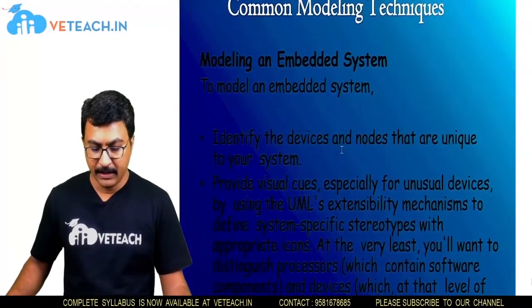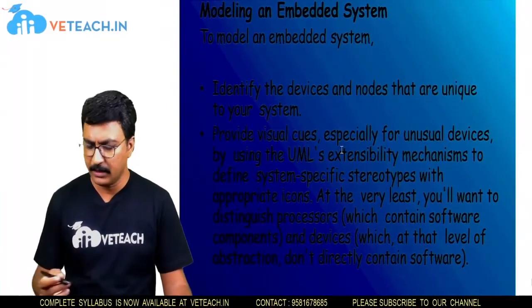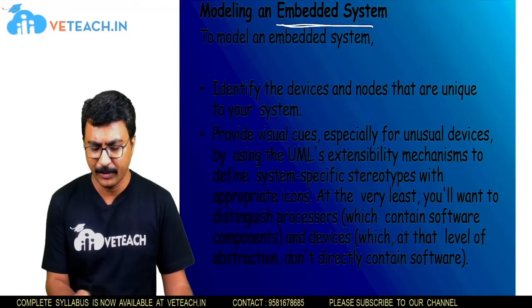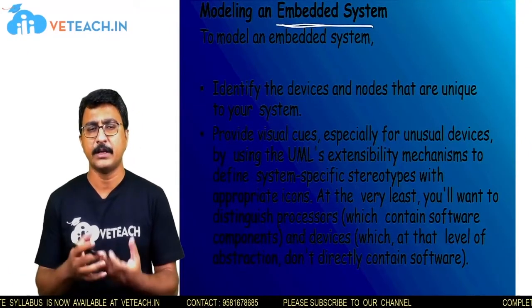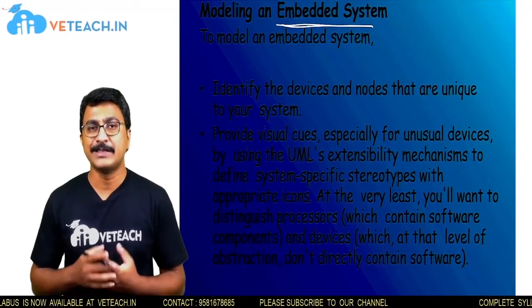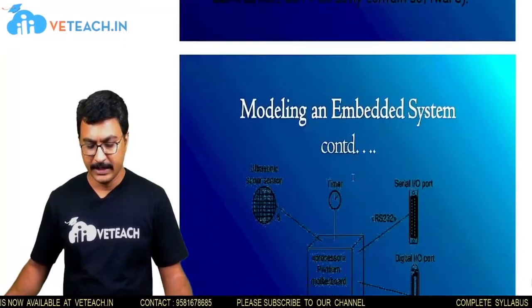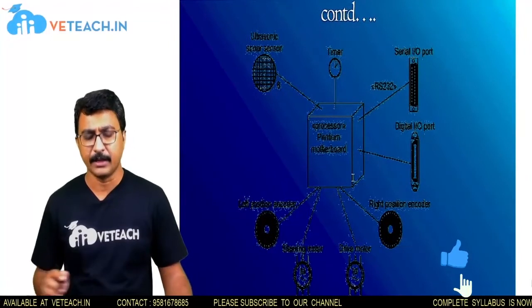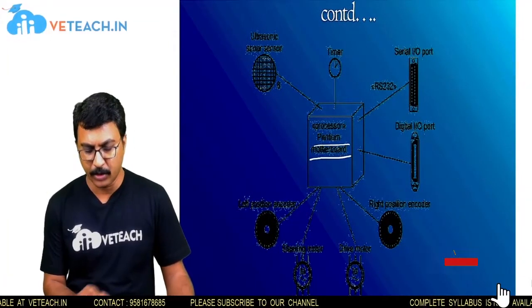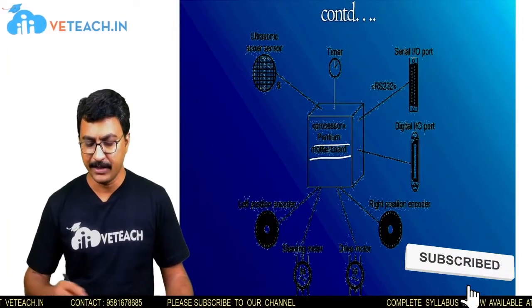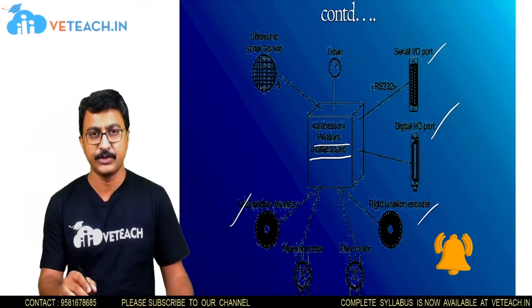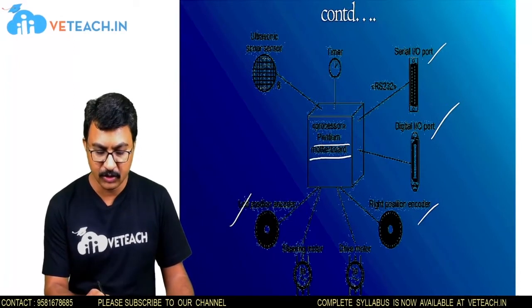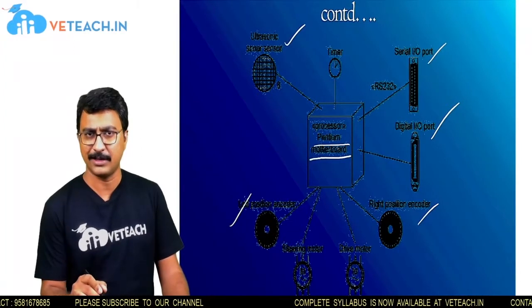To model an embedded system, the logical example would be to show you what the different components are that an embedded system has, and what it is being designed for. An example shows here a Pentium motherboard which has been embedded with a serial port, a digital port, a right position encoder and a left position encoder, and an ultrasonic sonar sensor.